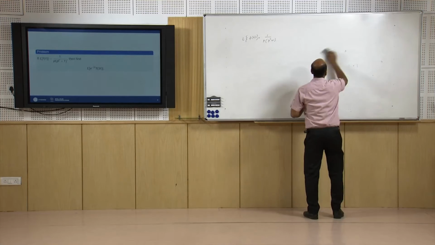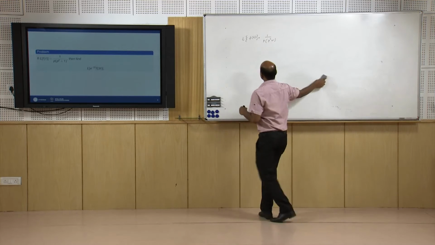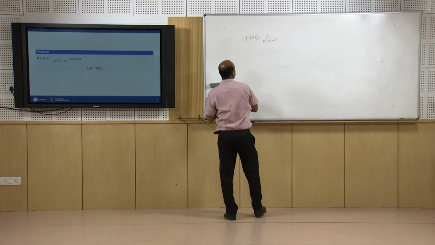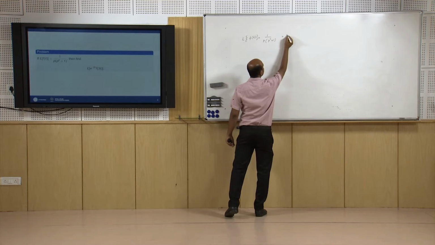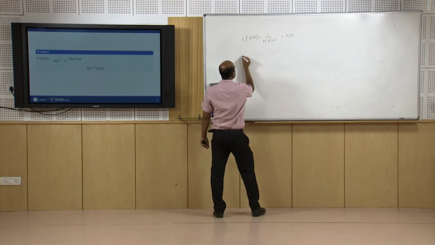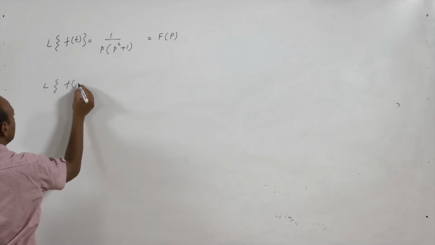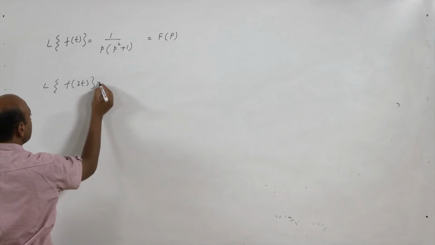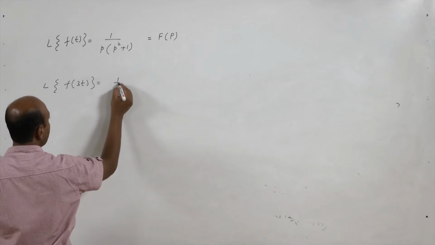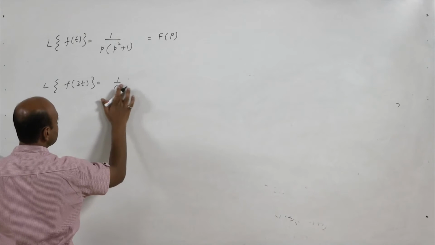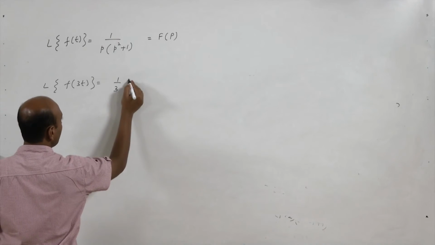Now let us see. So, this is suppose F(p). Now what is Laplace of f(3t)? It is nothing but 1 by a times F(p by a), here a is 3. So, 1 by 3 F of p by 3.